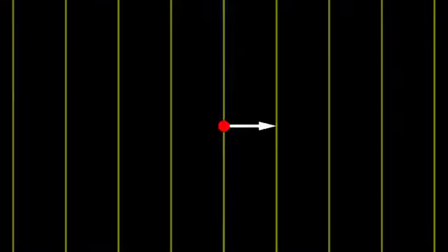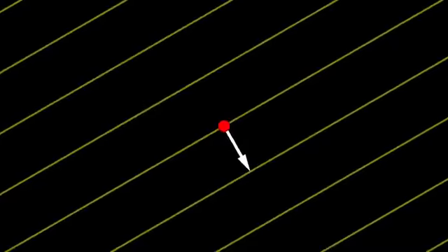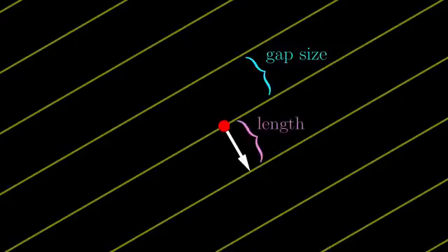During the rotation, the corresponding vector rotates the same way clockwise 60 degrees. This is because the gap size hasn't changed just by rotation, so we don't need to change the length of the corresponding vector. The same story for the other covector.